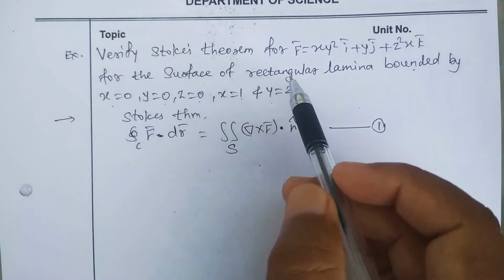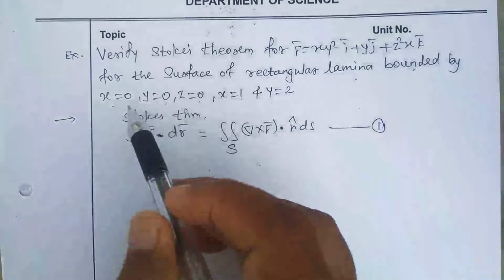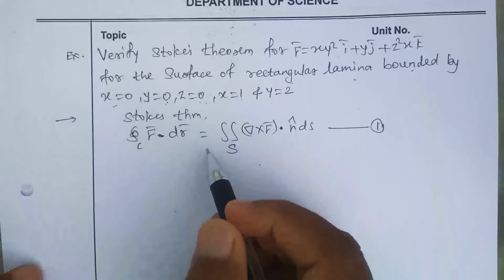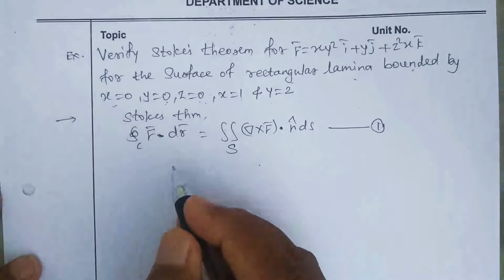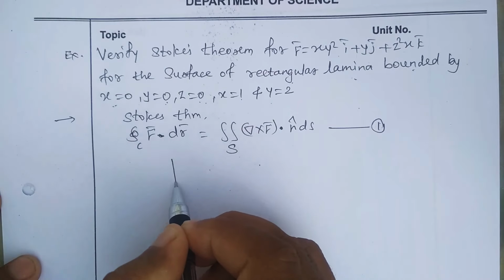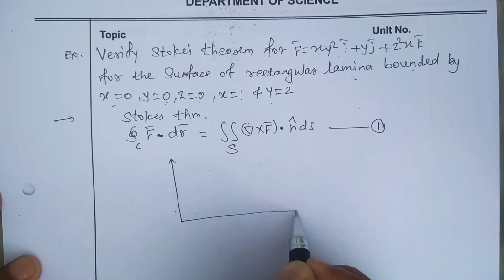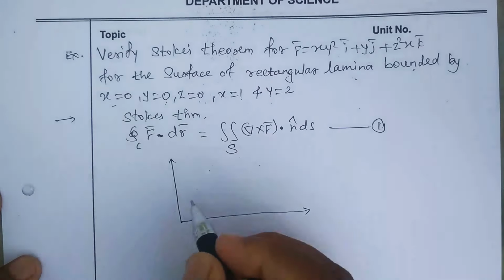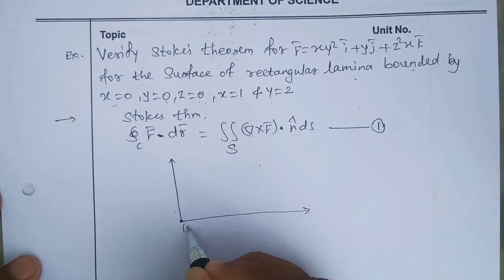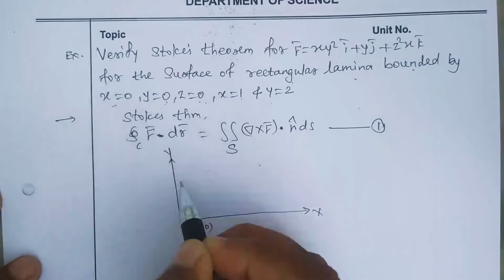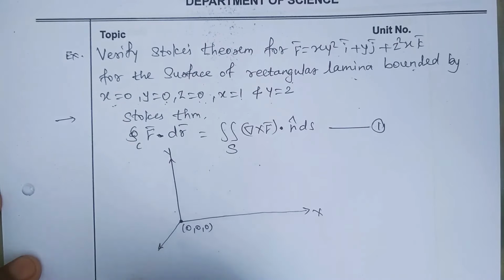We are given the surface, a rectangular lamina bounded by x equals 0, y equals 0, z equals 0. So x equals 0 means the y axis. So we get the x equals 0 line and the y equals 0 line. This point is 0 0 0, suppose this is the x axis, this is the y axis, and somewhere here is the z axis.